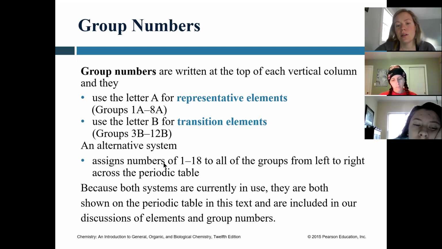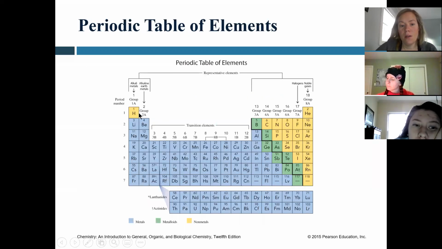Sometimes there is an alternative system where they number them truly 1 to 18, and group 3 would be that first transition metal, all the way over to 18. I don't use that. This will be 1, this will be 2, and this will be 3, and so on.